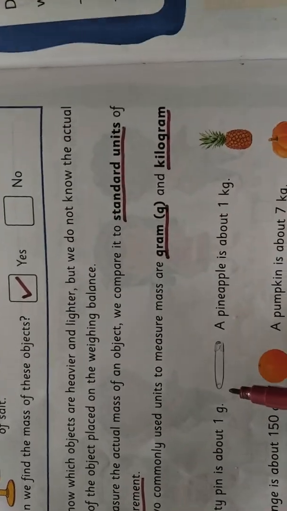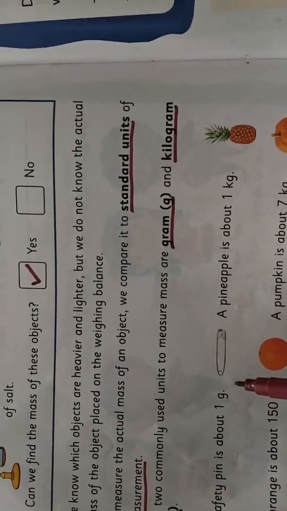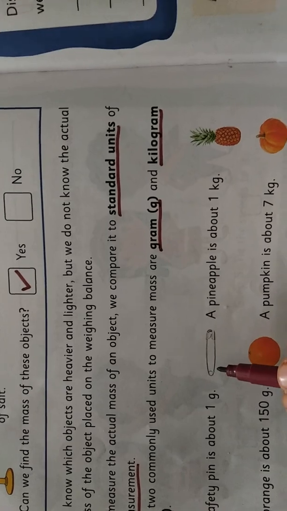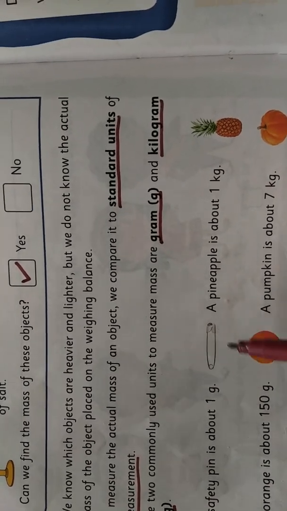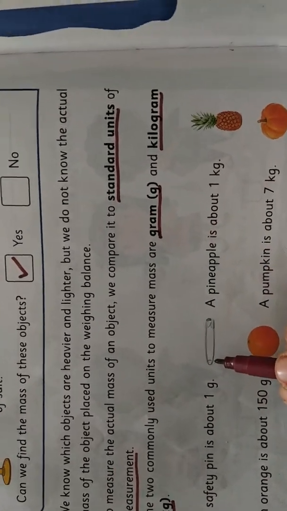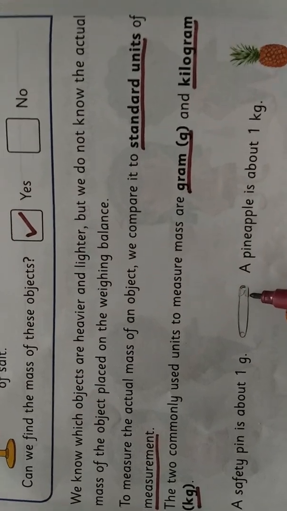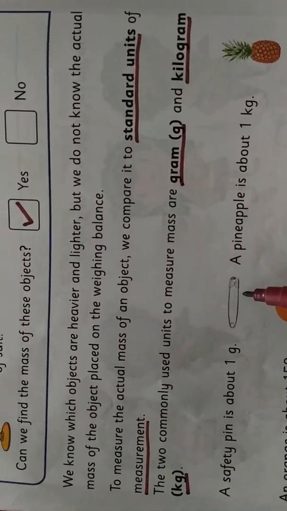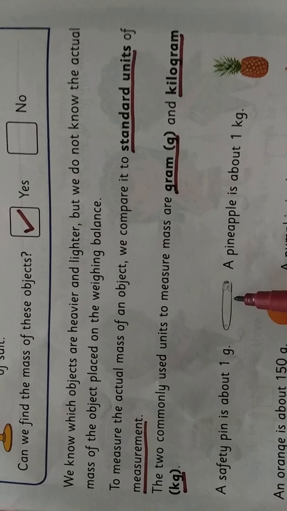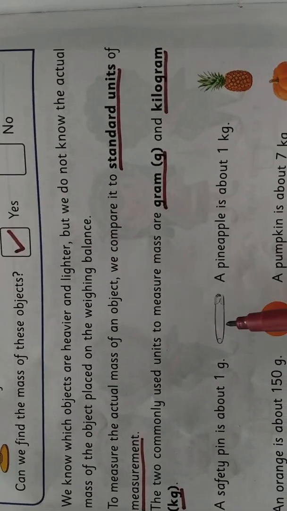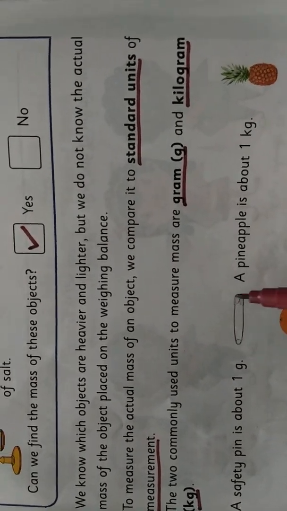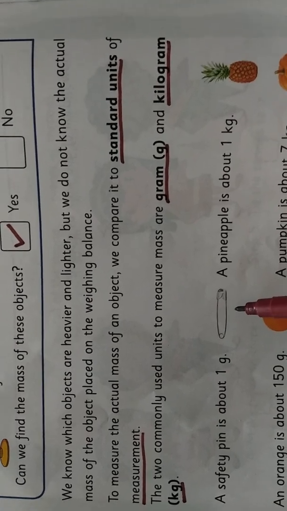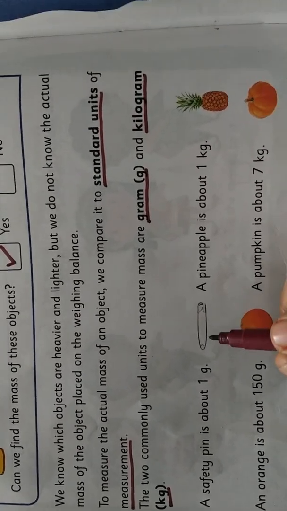In the last class we have learned, we measured the length of the object. We measured the length of the safety pin, and that we measure in centimeter, short form cm. But here we are finding the weight of this pin. So there is a difference between finding the length and finding the weight.